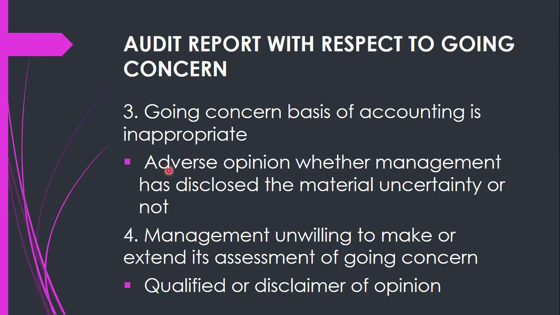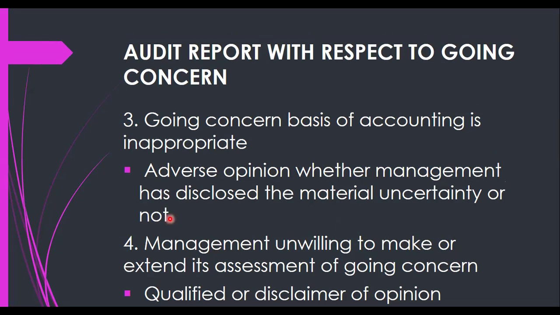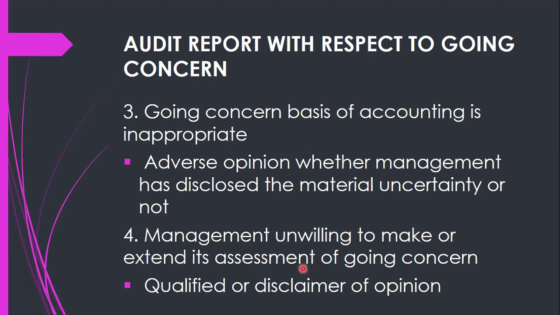It means the auditor needs to issue an adverse opinion whether management has disclosed the material uncertainty or not. So an adverse opinion simply means the financial statements have got a material misstatement, and that material misstatement is pervasive to the financial statements. We're going to understand this further as we approach the other aspects of the topic, or the lesson rather.